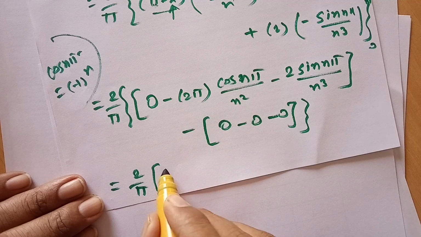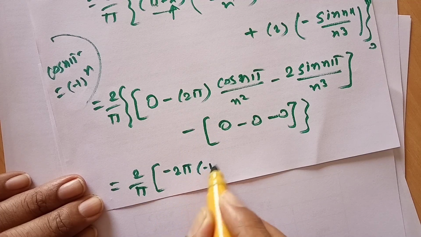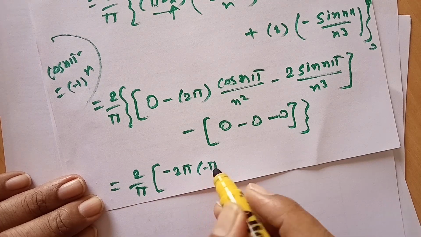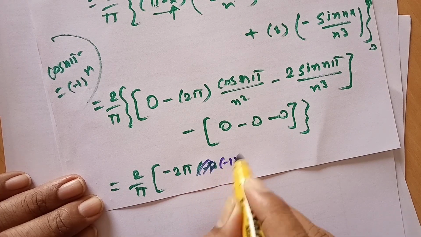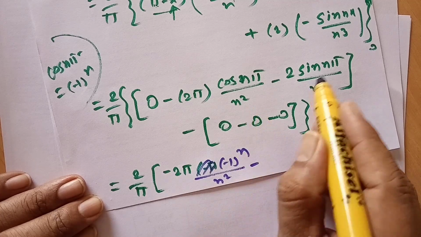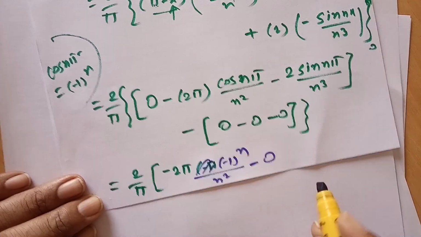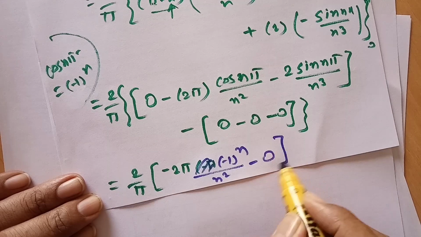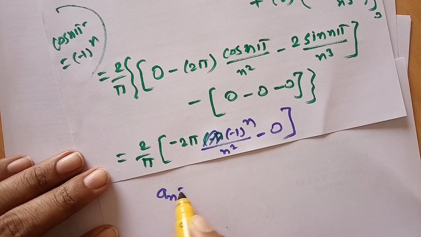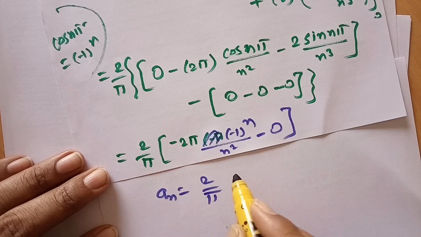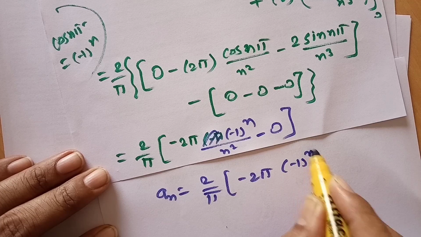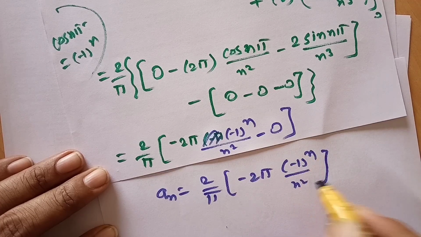Therefore I will write here minus 2 pi into minus 1 raised to power n divided by n square, minus sine n pi is 0, and we are getting here an as 2 divided by pi into minus 2 pi into minus 1 raised to n divided by n square.